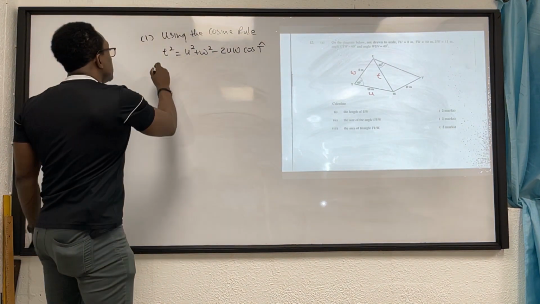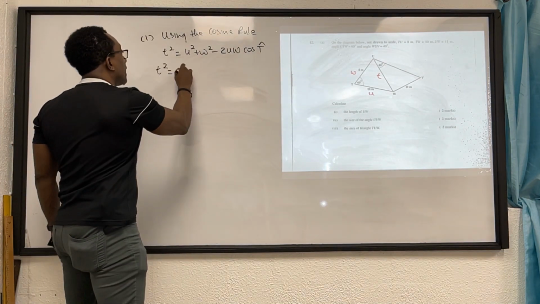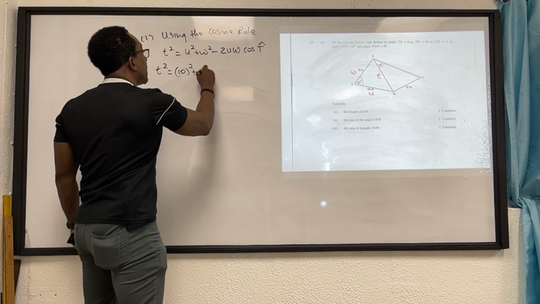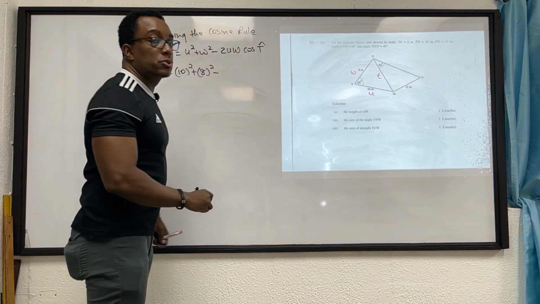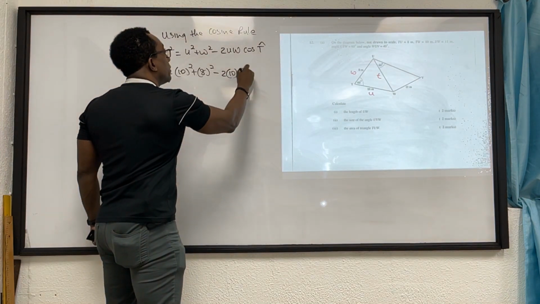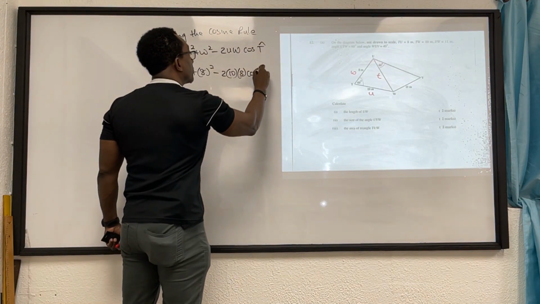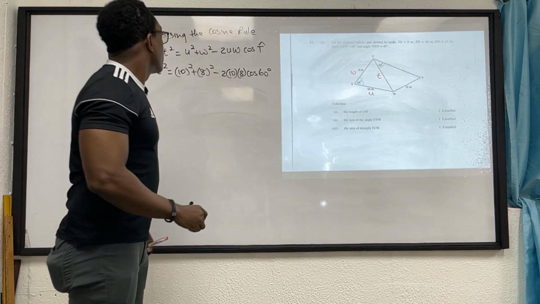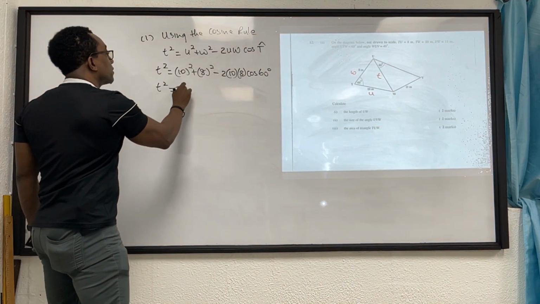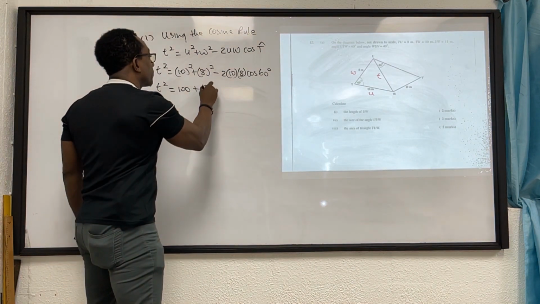This will be T squared is equal to U, which is 10 in brackets squared, plus W, which is 8 in the brackets squared, minus 2 times U, which is 10, times W, which is 8, cos the angle at T, which is cos 60 degrees. We're going to get T squared is equal to 100 plus 8 squared will be 64.